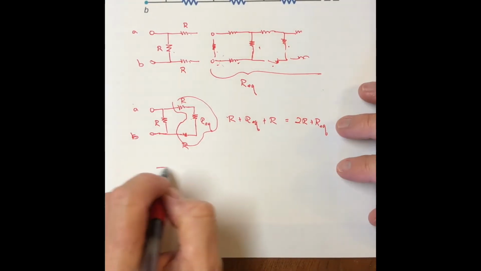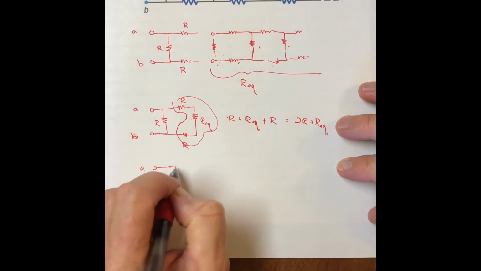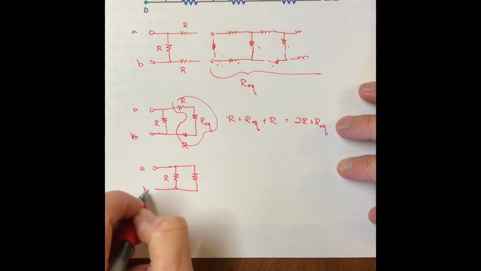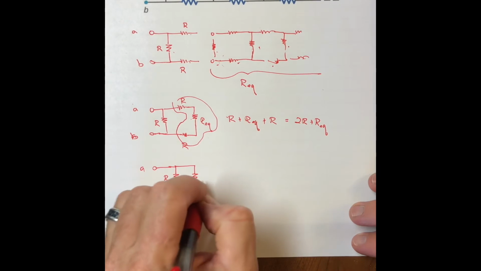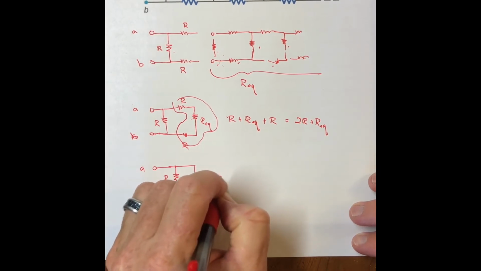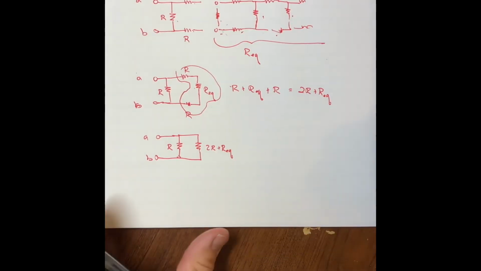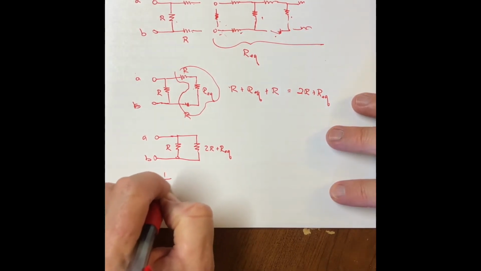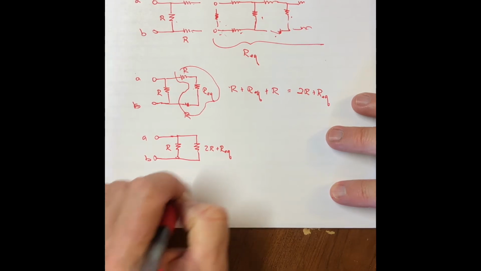So I could then draw the equivalent of the whole thing as two resistors in parallel. And then finally, using our parallel equation, we could say R in parallel, I'm going to call it R equivalent.